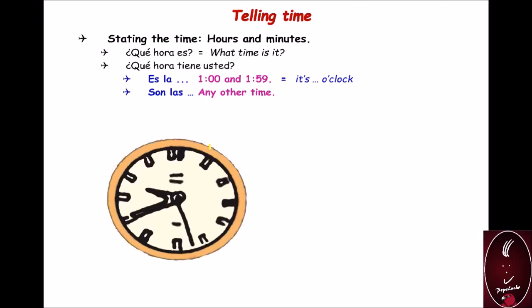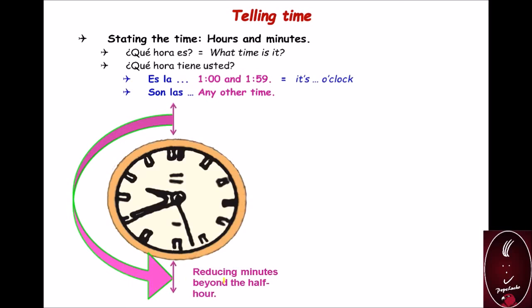Also, we can express the time when we subtract minutes from the hour. When we reduce minutes beyond the half hour, we use menos. Let's see what time it is in this clock. The question is ¿qué hora es? To answer this question, my option is son las because it's plural. So we have to consider what hour it is going to be.